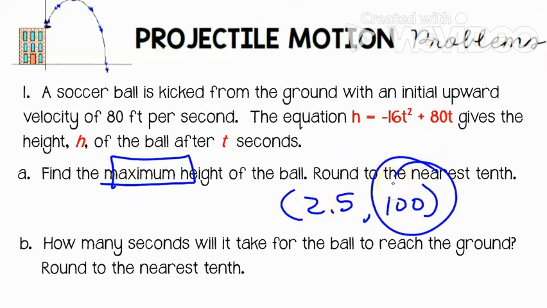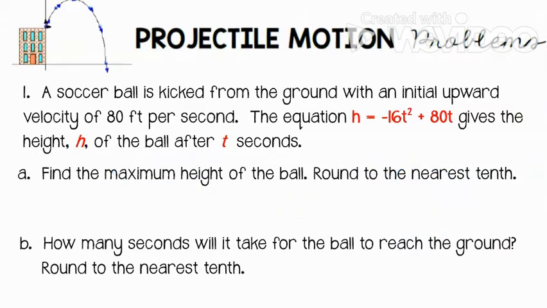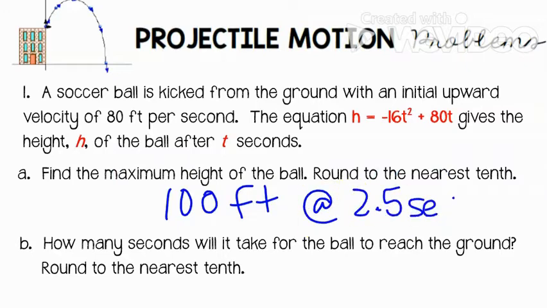And the answer is that one. It occurs at 2.5 seconds, but the maximum is 100 feet. So it's important for you to recognize that. 100 feet at 2.5 seconds. All right, how many seconds will it take for the ball to reach the ground again, right?